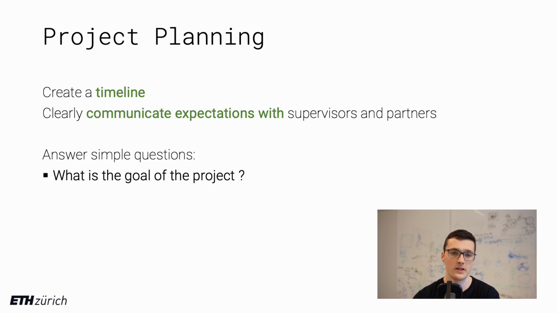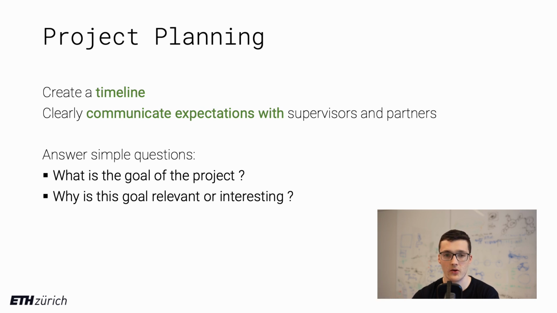Then a few simple questions that you can answer at the beginning of your project are, for example, what is the goal of this project? And why is this goal relevant or even interesting? If you know the answers to these questions, you already have a good starting point. Then, what is always important to keep in mind is how can we evaluate progress, how can we measure those things.